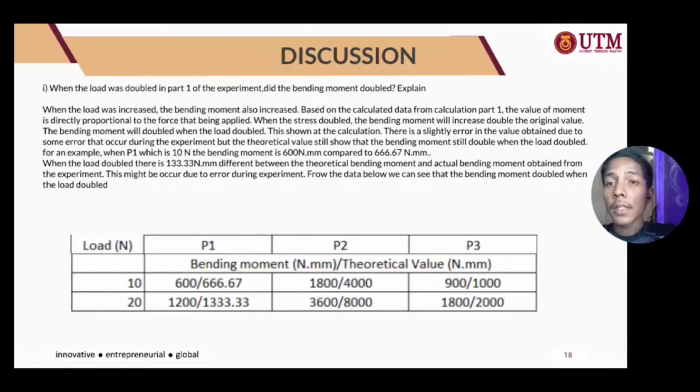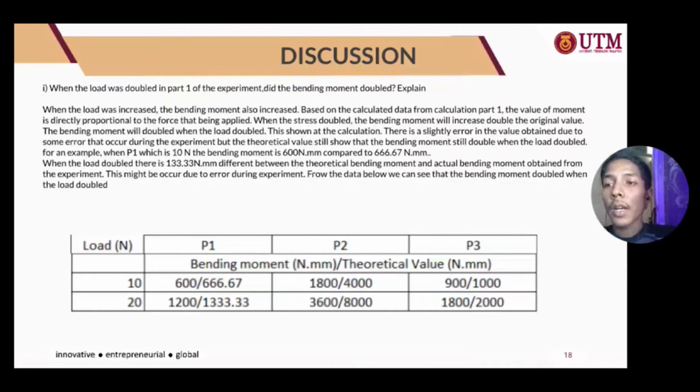There is a slight error in the value obtained due to some error that occurred during the experiment. But the theoretical value still shows that the bending moment doubles when the load doubles. For example, when P1 is 10 Newton, the bending moment is 600 Newton millimeter compared to 666.67 Newton millimeter.